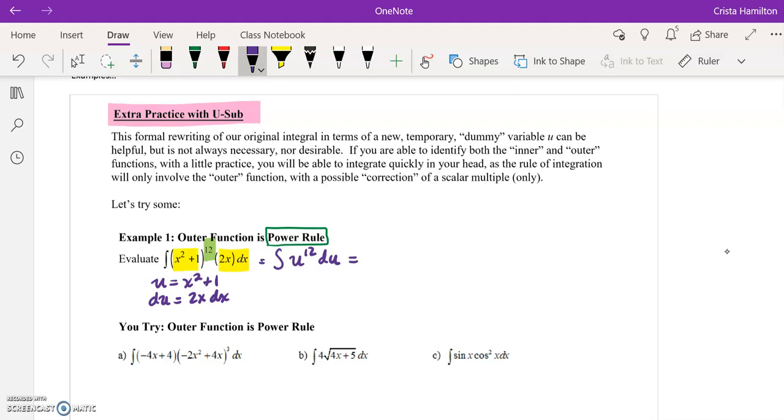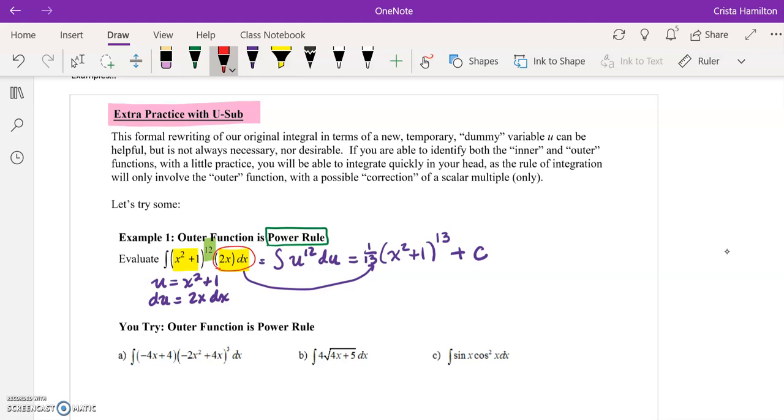We can go straight from here over to here and say, hey, I have stuff to the 12th. The antiderivative of the stuff to the 12th is going to be stuff to the 13th divided by 13 plus c. And you ignore this portion right here because that was the derivative of the stuff.